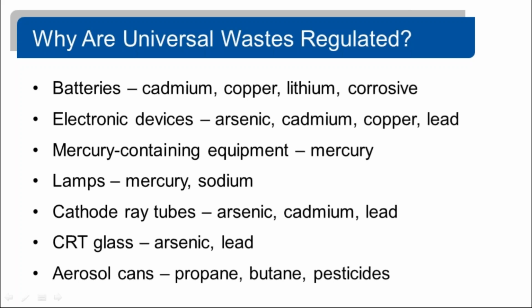Someone asked a question here about whether volumes of universal waste can make you a small quantity or large quantity generator. The volume is not included in your volume calculation of waste. So when we talked about different generator categories of universal waste generators, the EPA requires federal EPA identification numbers.